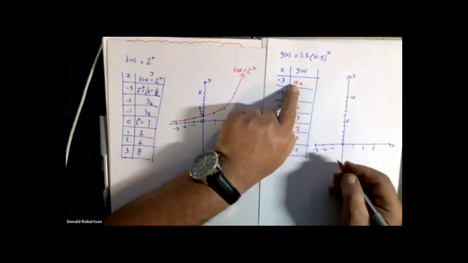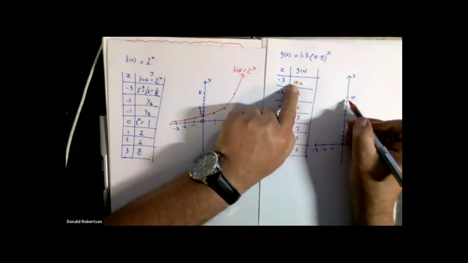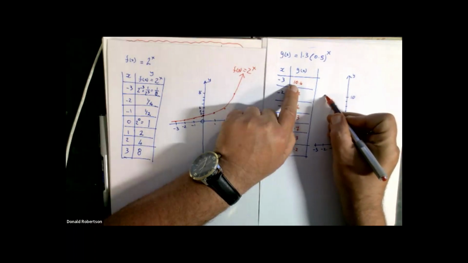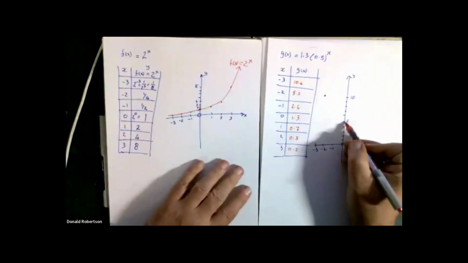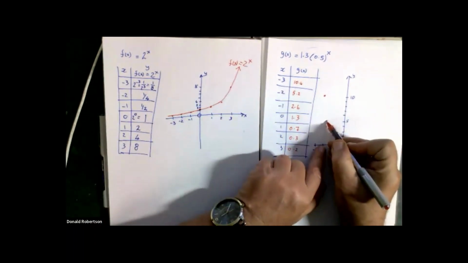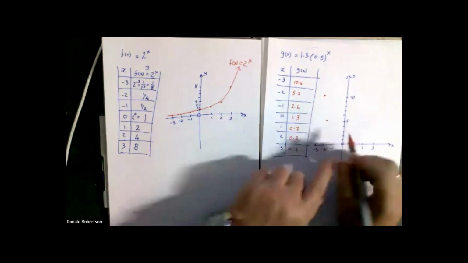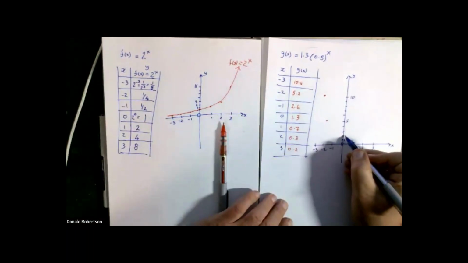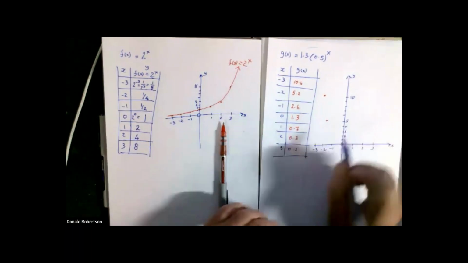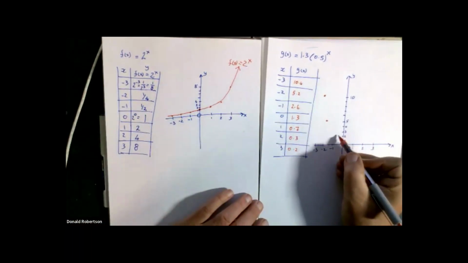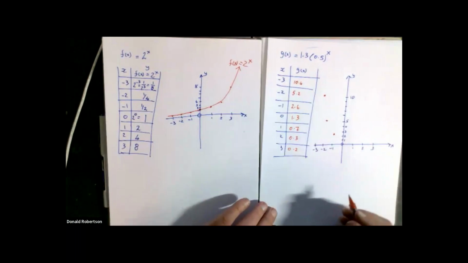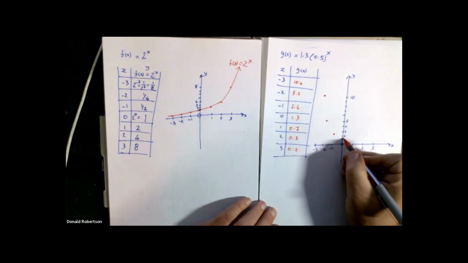And if you plug in -3, you get what? 10.4, which is about there-ish. Then 5 and a bit for the next one, which is about here. 2.6. Well, that's 1, that's 2, and that's 3. 2.6 is about here. And then you get 1.3.